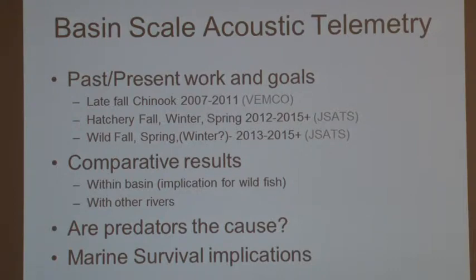And as of last year, we began working on other runs of Chinook salmon, the hatchery fall, winter run Chinook, and spring, including some wild spring Chinook salmon using another technology called JSATs, which allows tagging of much smaller fish. And some of the basic questions were to document patterns of survival in the river. I think at the beginning of the study, everyone knew that survival in the Delta was a big problem for salmon, and probably in the upper river and the bay, things were better.